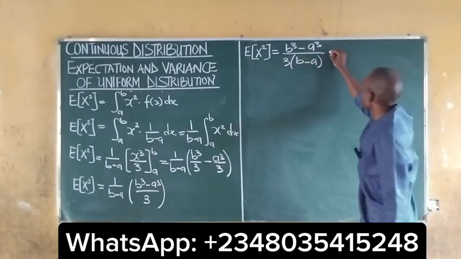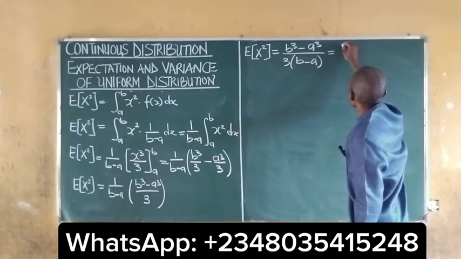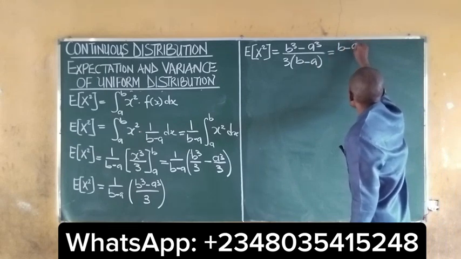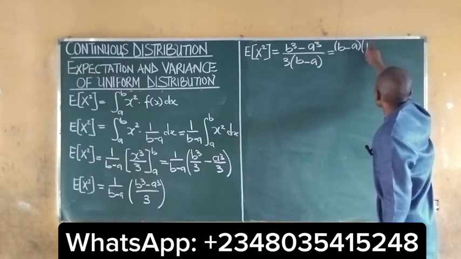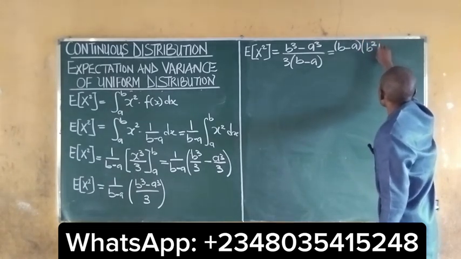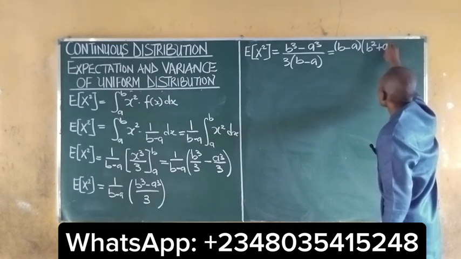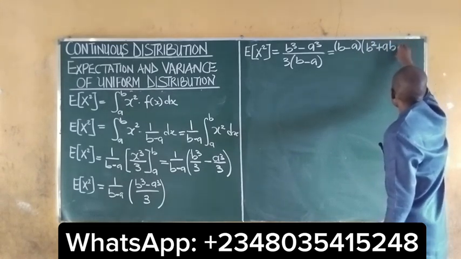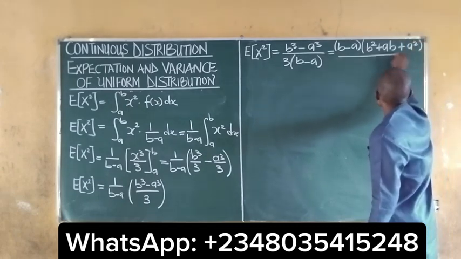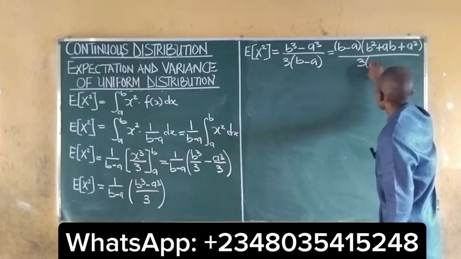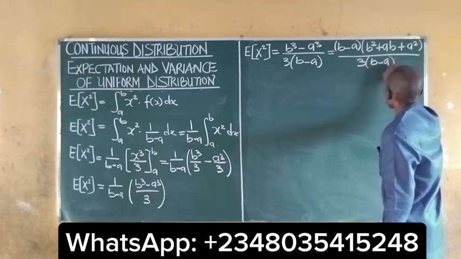If we expand this, we get b minus a quadratic into b squared plus ab plus a squared all over 3 into b minus a.